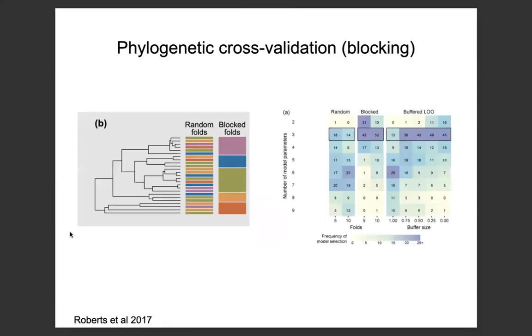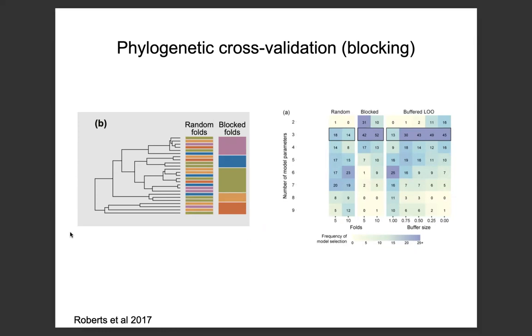So there are solutions for phylogenetic cross-validation in a similar way. One of the simplest is to block a branch or branches such that they are completely isolated when they're used as a testing set.